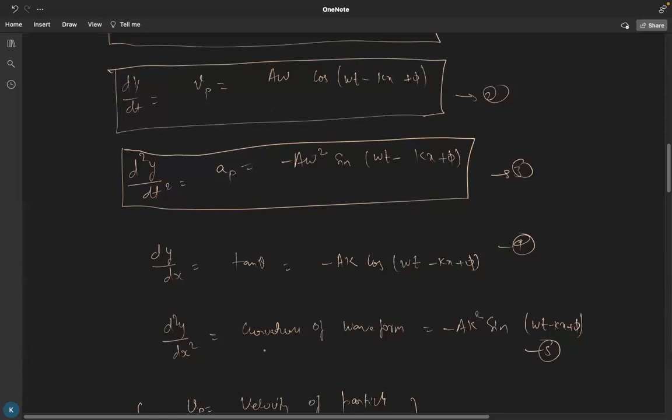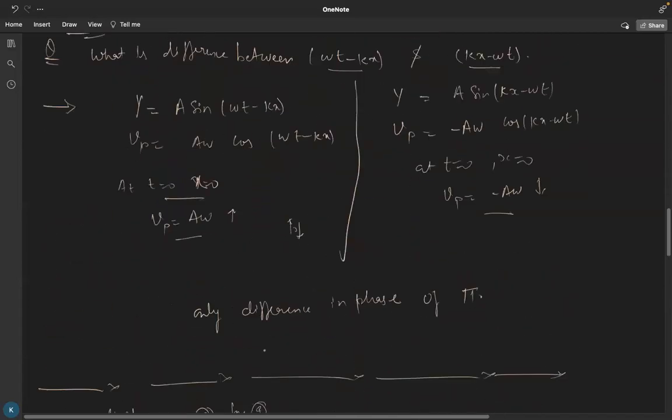So if I divide the second derivative things, that means equation third by equation fifth, what will we get? Let's see.